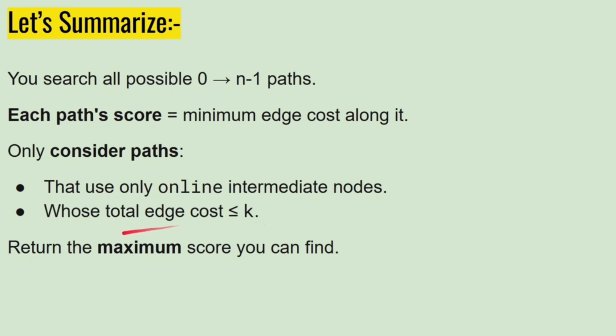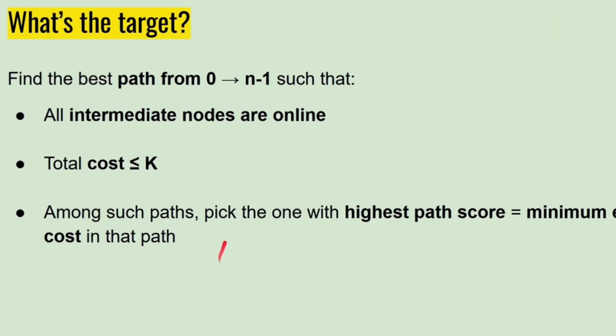We have to return the maximum score you can find. Means you have to find all the valid paths, and then find the score of each valid path, and from there find the maximum score that you can get.